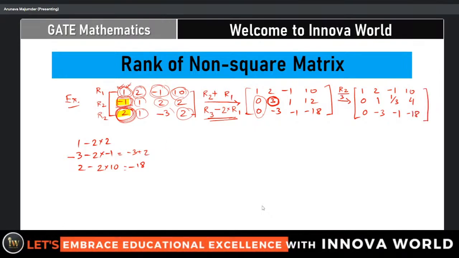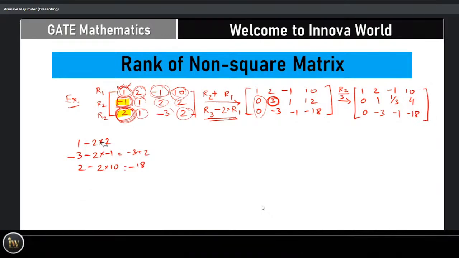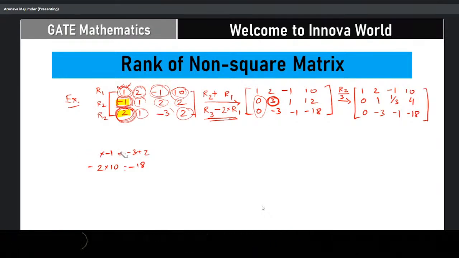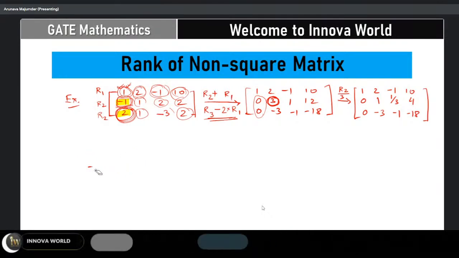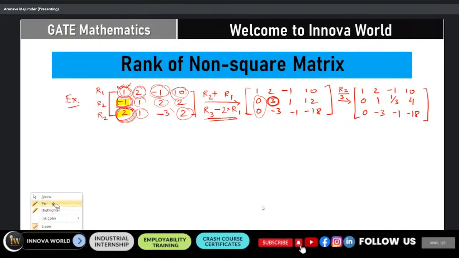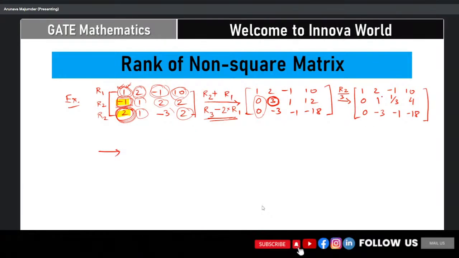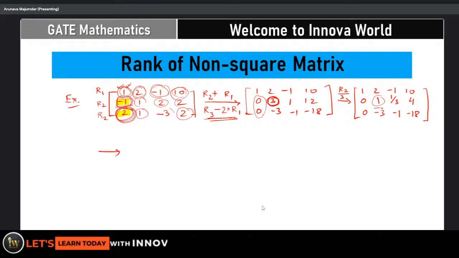Okay, so this becomes the latest matrix. Now what should we do? So let me erase these operations. Our next operation. Now look at this. Now this becomes 1. Now what should we do here? This element will be 0.